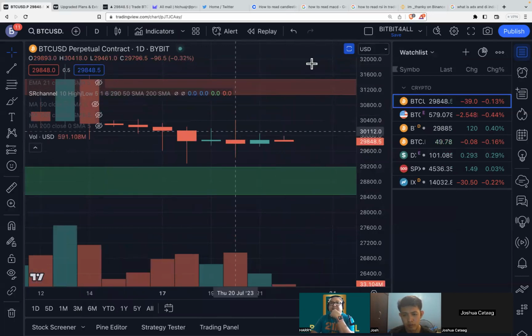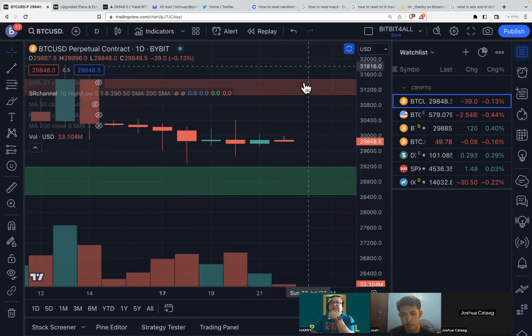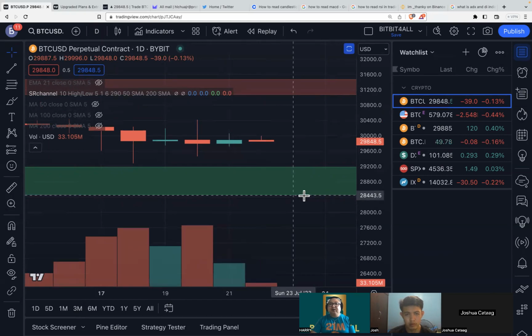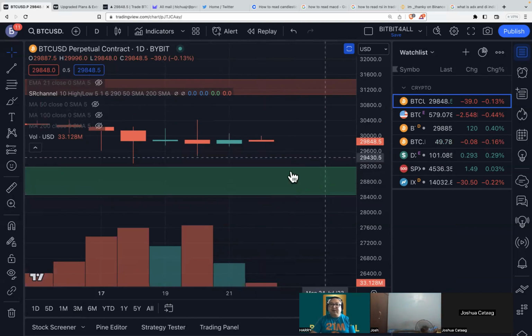Kasi, ano bang ibig sabihin nito? Ang ibig sabihin nito is that at this price, let's say so sa daily candle, at this price from 28,440 all the way to 29,000, let's say 200, maraming buyers and sellers.